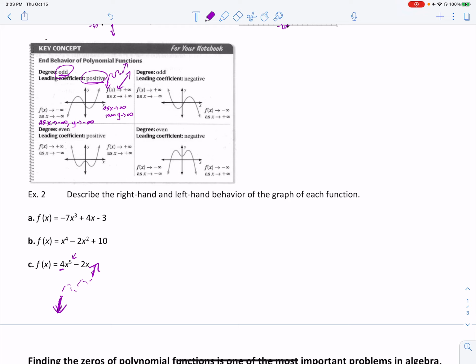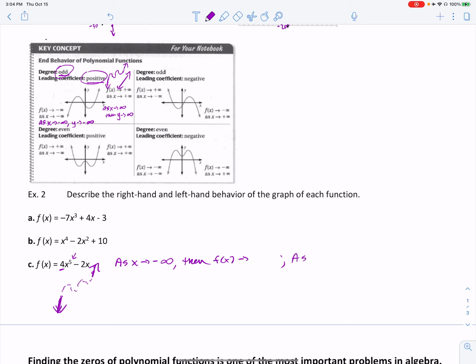So it says describe the right hand and left hand behavior. So what I want for this is, as x goes to -infinity, then what happens to y? And we'll write f of x goes to what?